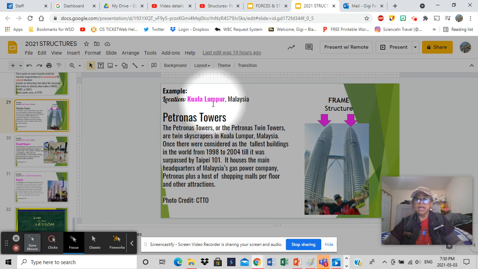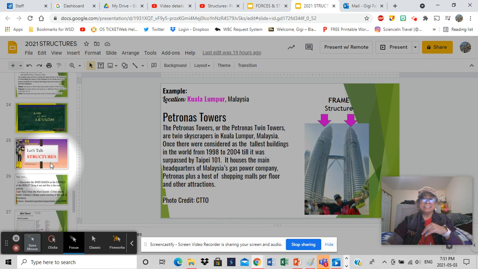There's the name of the structure, the location, info about the structure, the photo credits, and then you have the actual picture that you cut and pasted from the internet, or your own copy if you have a picture of yourself maybe behind a given structure, and then identify to me whether I can see mass, frame, or shell in the picture.